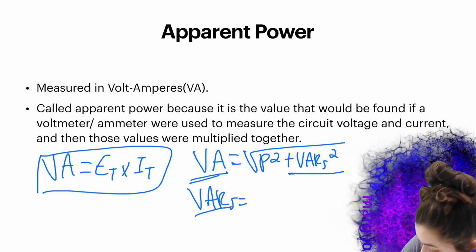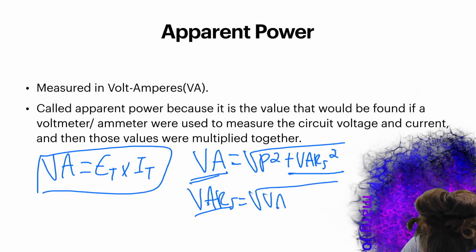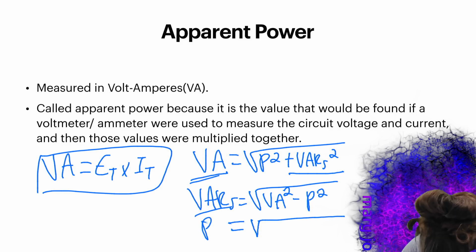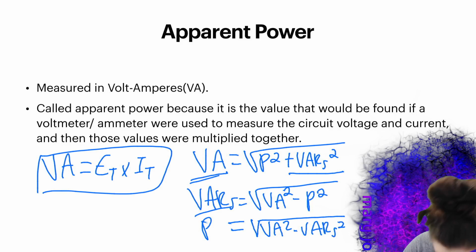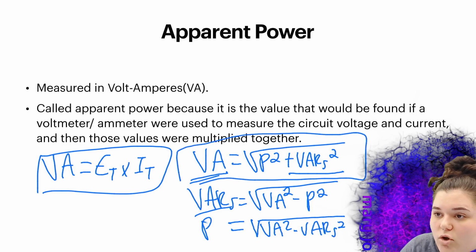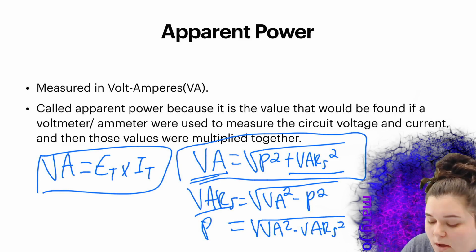So you could use VA squared minus P squared. If you wanted to know P, which is watts, you could use VA squared minus VAR squared. So just flip-flop these formulas around. Sometimes they're easy, sometimes they're a little bit more difficult. But if you use those pages in the book and know what you're looking for, it becomes a lot easier.